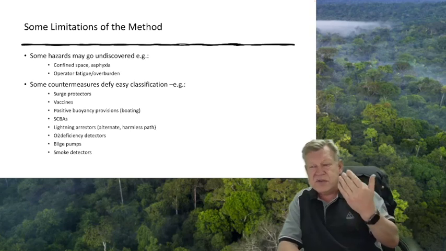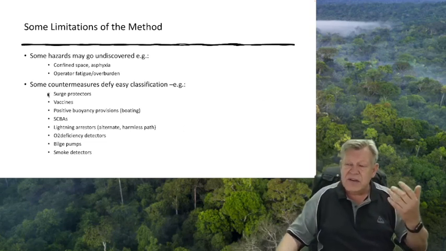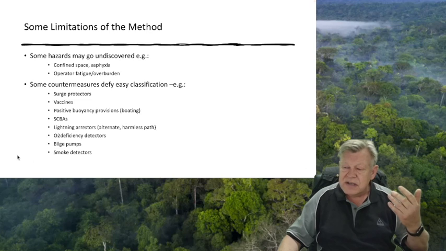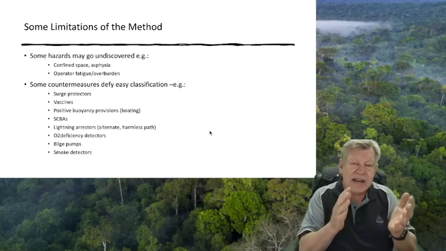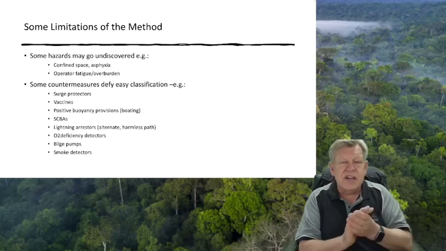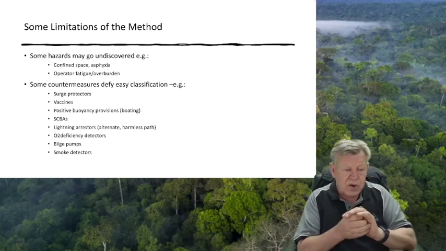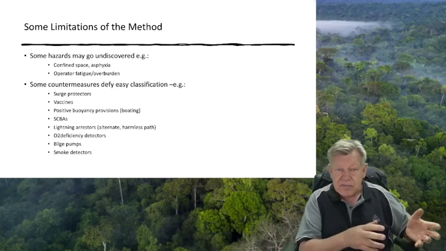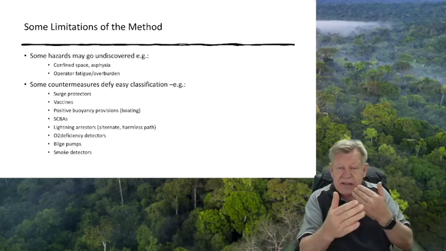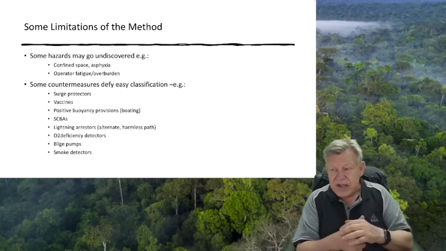And then also understand that when I talk about barriers, sometimes there are barriers that we use, and if I have to put them in exactly a category, a surge protector goes on the hazard, but it also sits between the hazard and the target.